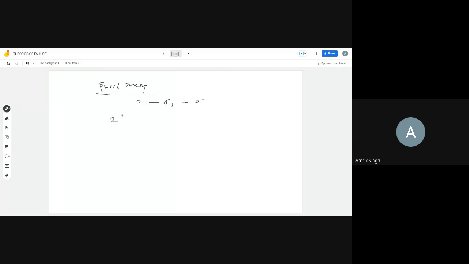So it will be 2 times under the root of 156 plus tau square, 186 is equal to 300.